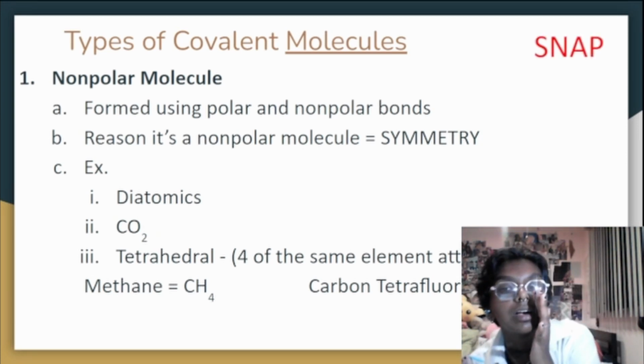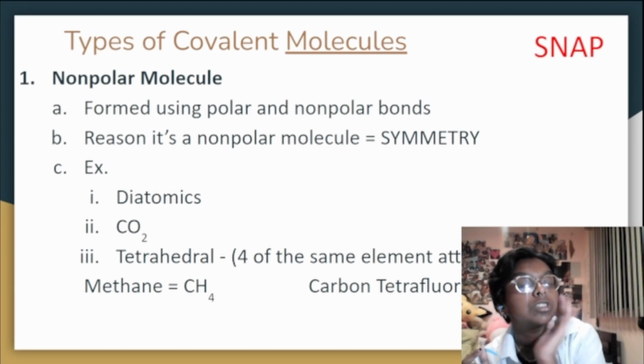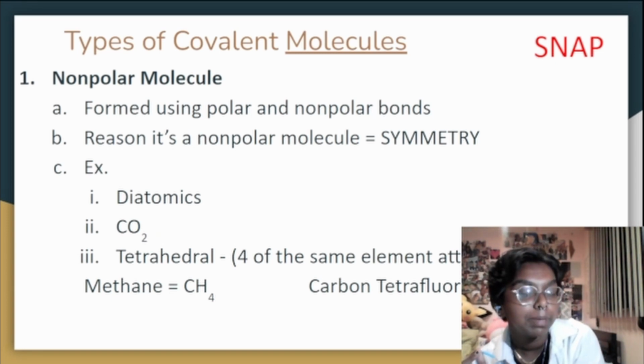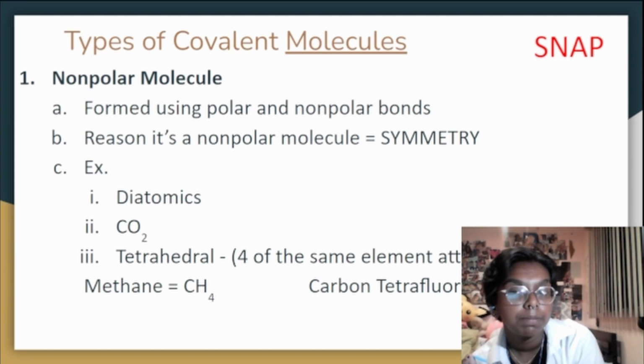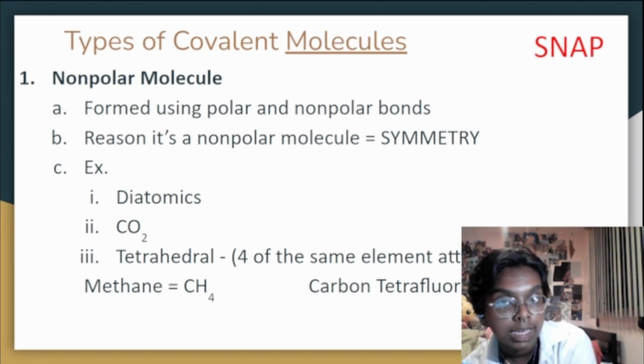It's a nonpolar molecule, which is different from a nonpolar bond, to be clear. Like CH4 is a nonpolar molecule because it's symmetrical, but it has polar bonds because the bond between carbon and hydrogen is polar.